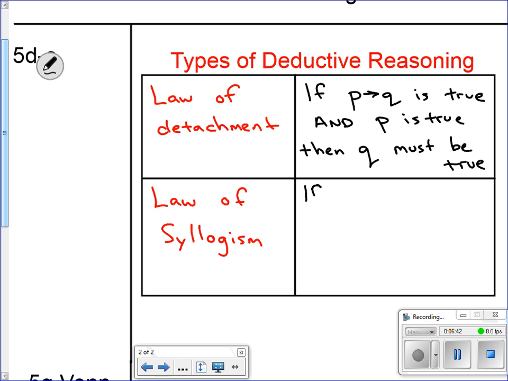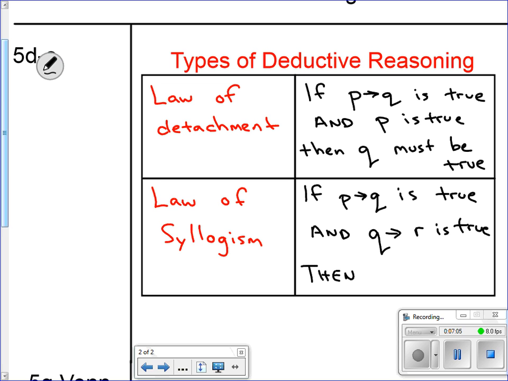If P implies Q is true, and Q implies R is true, we can easily conclude then that P implies R is also true.